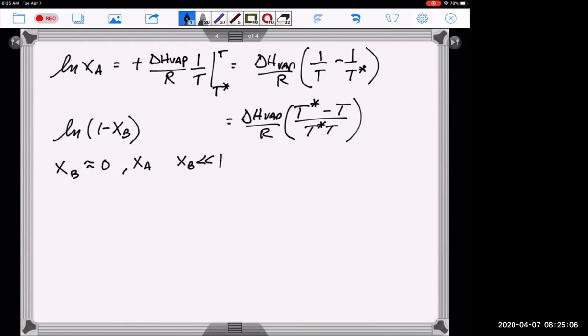And so what's commonly done here is to expand the logarithm about xB equals 0 using a series expansion.